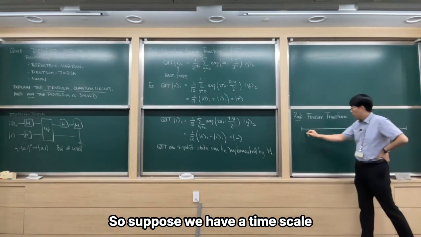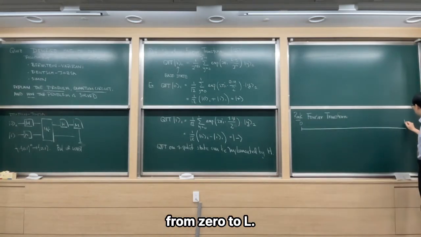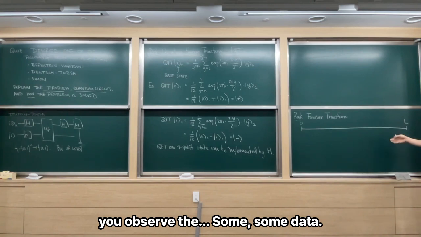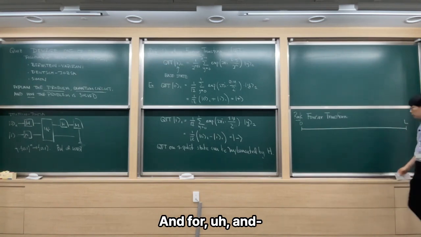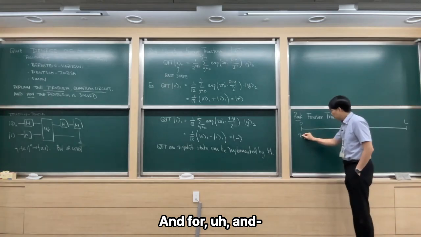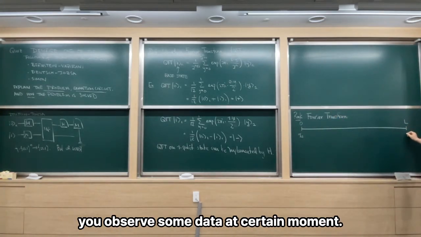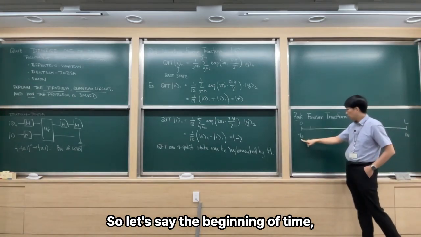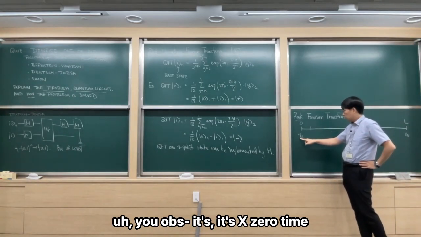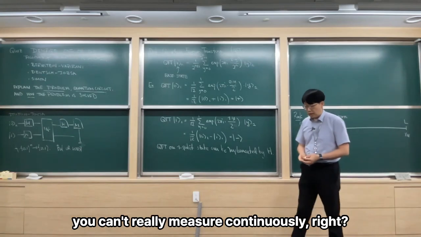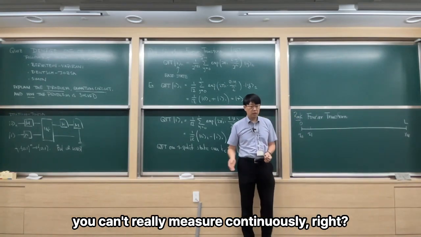So suppose we have a time scale from 0 to L. So L is the maximum amount of time you observe some data, and along this time range, you observe some data at certain moments. So let's say the beginning of time is x0, and whenever you measure something, you can't really measure continuously, right?